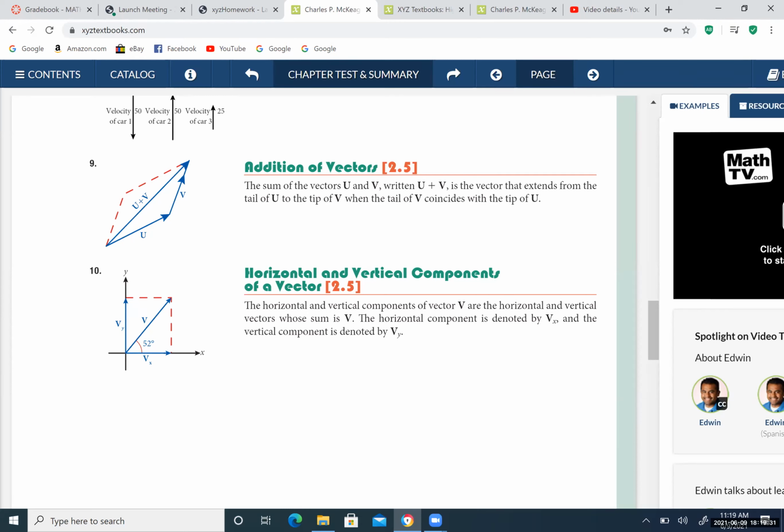They have a vector V, and the horizontal and vertical vectors whose sum is V. The horizontal component is denoted as Vx, which is on the x axis, and the vertical component is denoted as Vy. So the horizontal and vertical components of the vector V are the horizontal and vertical vectors whose sum is V. That's why we have it here.